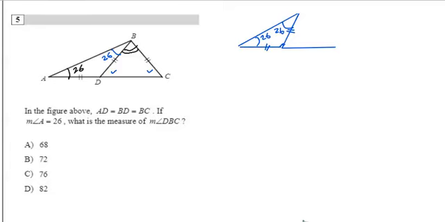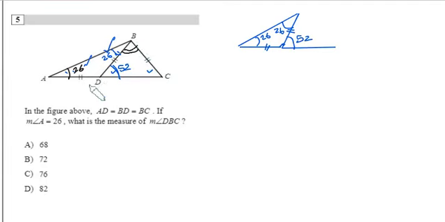I would like to draw your attention to the previous video where I explained the exterior angle theorem, which states that in any triangle, if a side is extended, this exterior angle must equal the sum of these two. So if this is 26 and this is 26, then this must be 26 plus 26, which is 52. This angle must be 52.